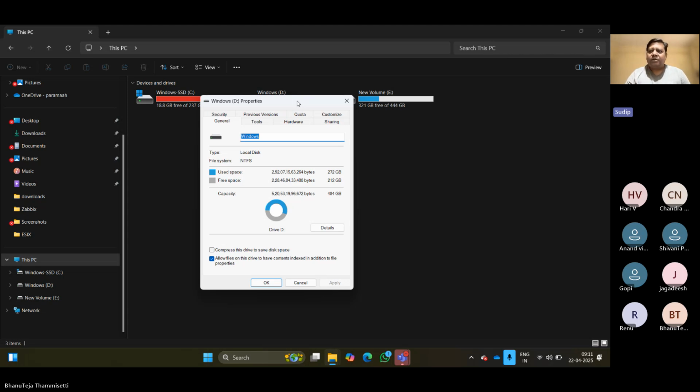And in the chat box, can you please type, Bhanu, you don't need to type, what do you see under the second section, right below the name? You will see local drive or local disk written, and under that something is written next to file system.